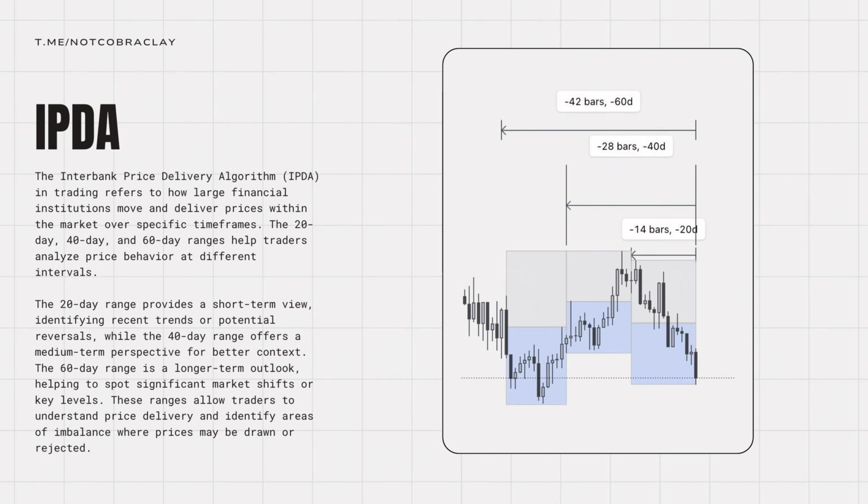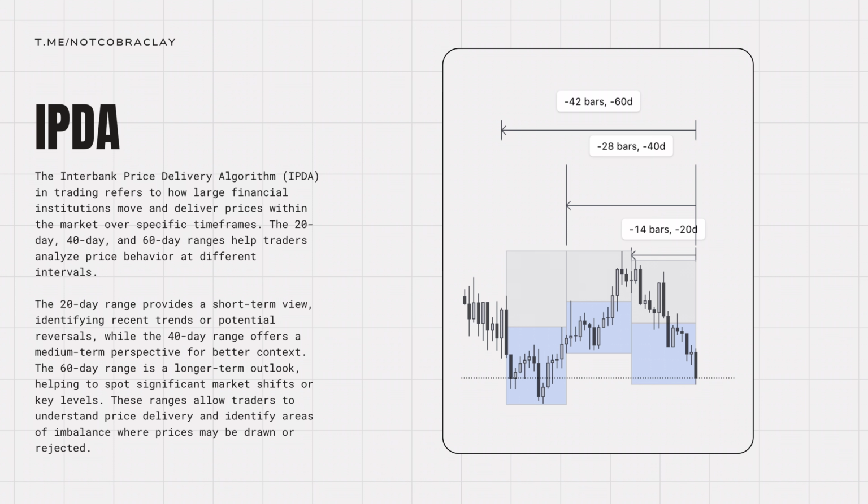Here you see the 20, 40, 60 day IPDA algorithm. In trading it refers to how large financial institutions move and deliver prices within the markets over specific time frames, okay? The 20-day, 40-day, and 60-day ranges help traders analyze price behavior at different intervals.